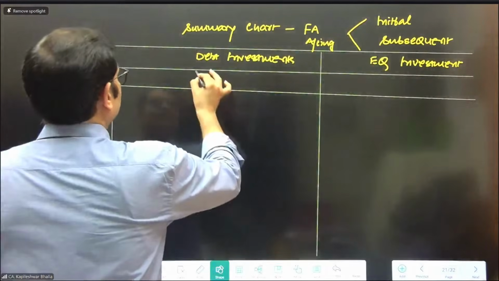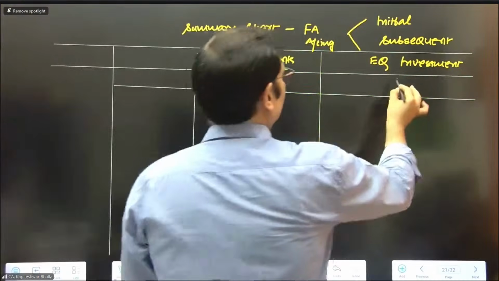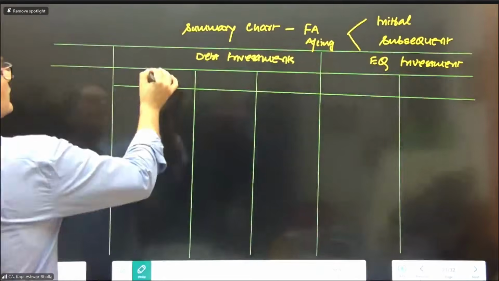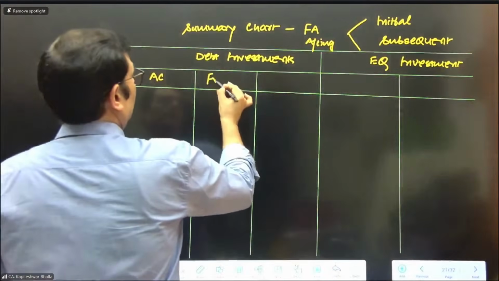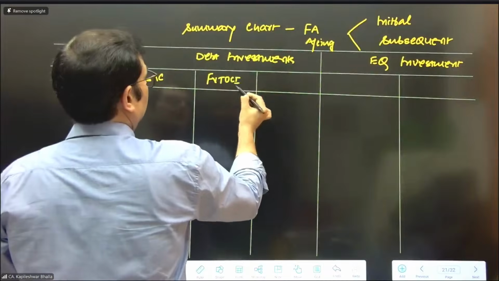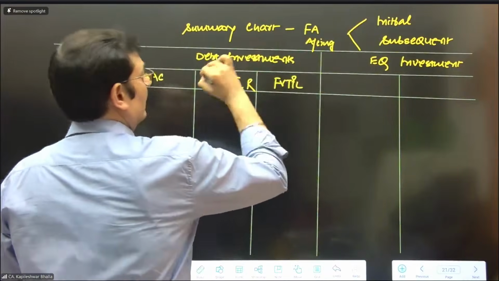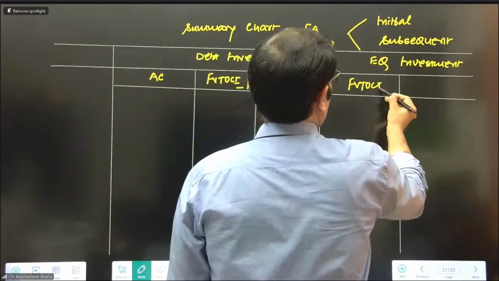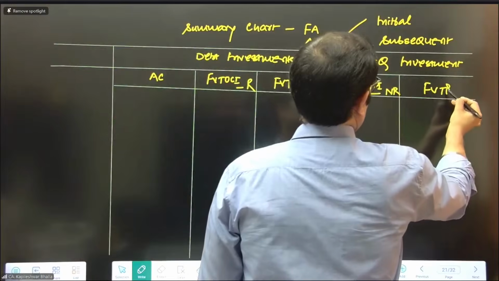So we'll divide the debt investments in 3 parts and equity investments in 2 parts. Either it is taken at amortized cost, or FVTOCI, that is R, or FVTPL. This is FVTOCI, this is NR, and this is FVTPL.